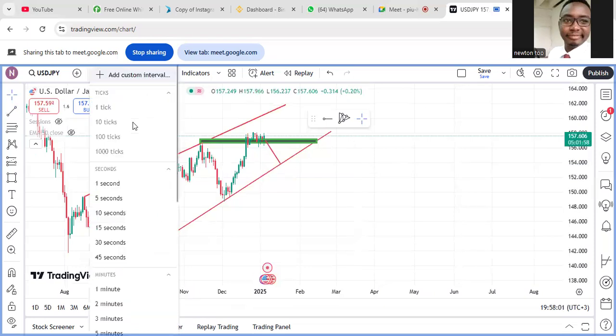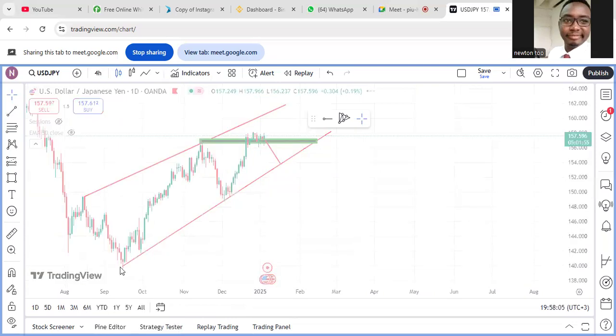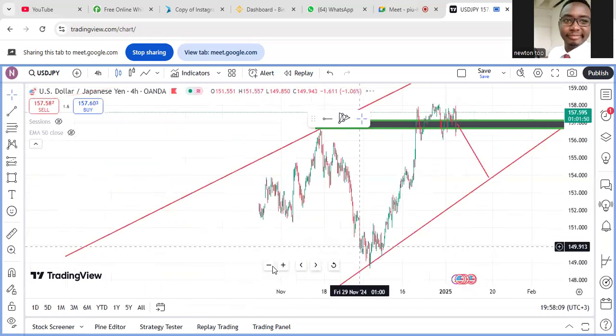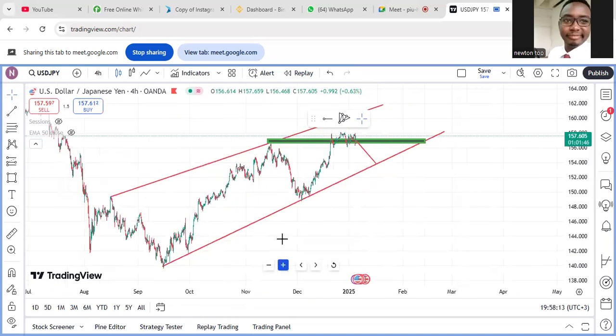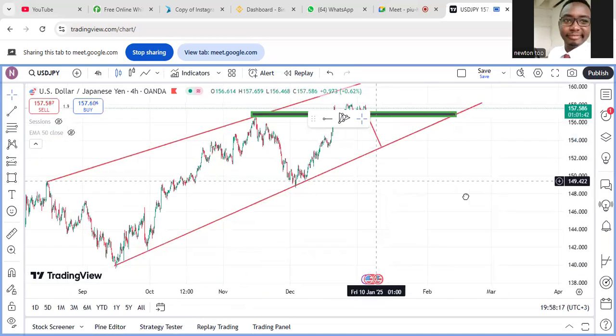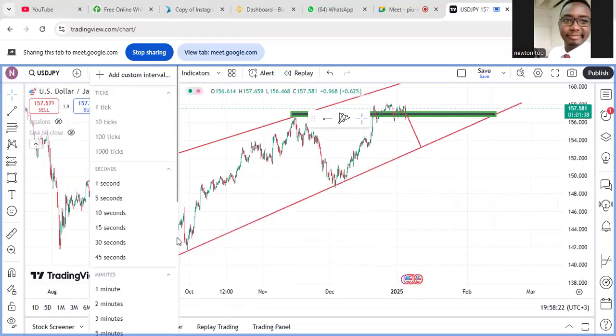But you can see on an H4, expect something like this. This is how you draw the trend line. You can see, very easy and precise. So if this market fails to break, it's going on a downtrend.